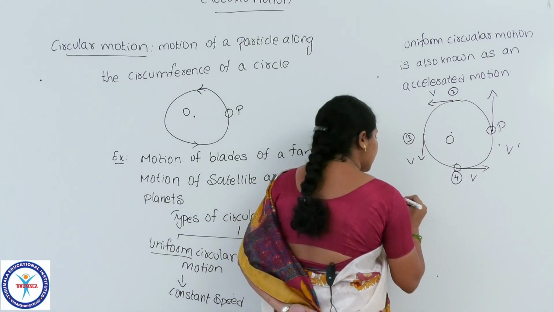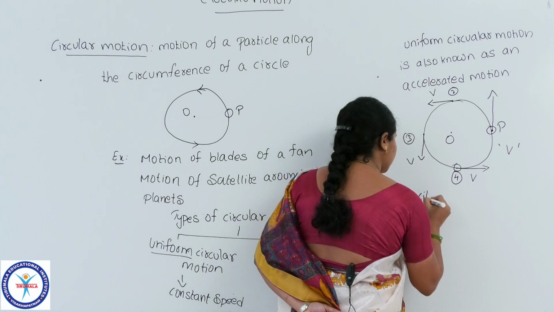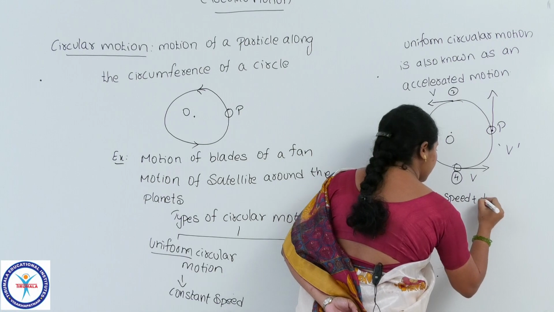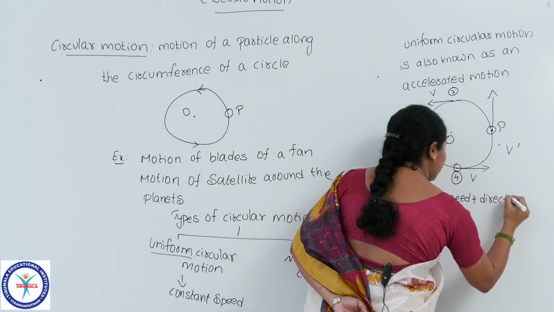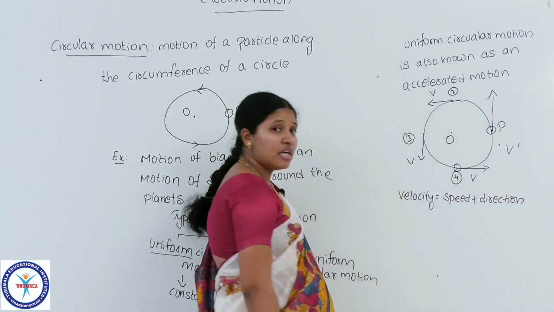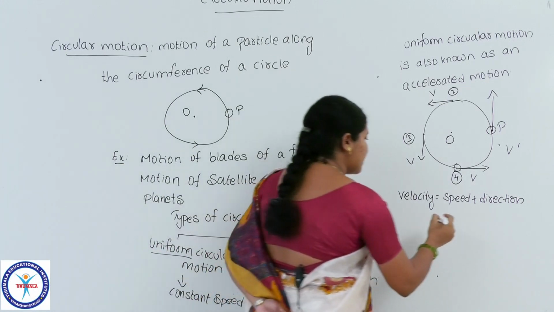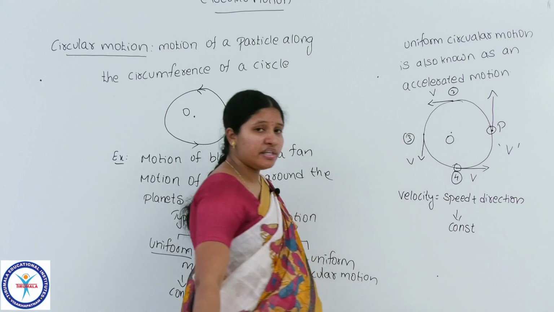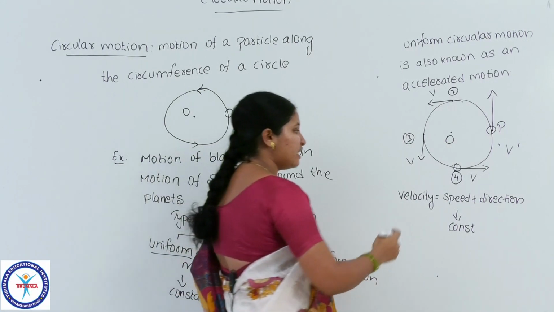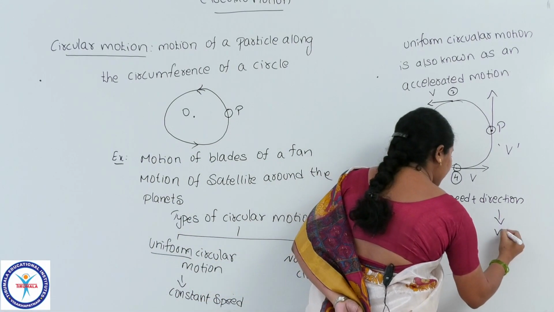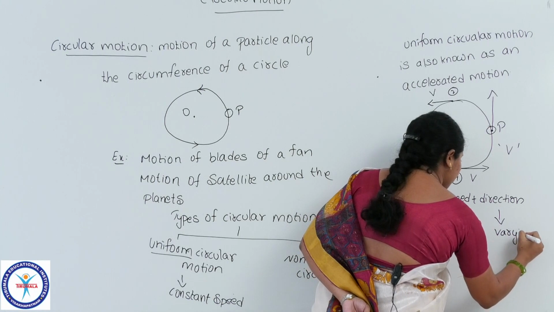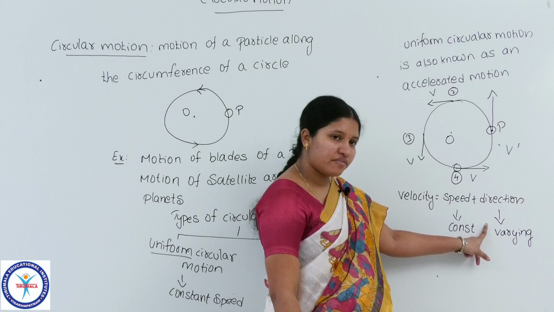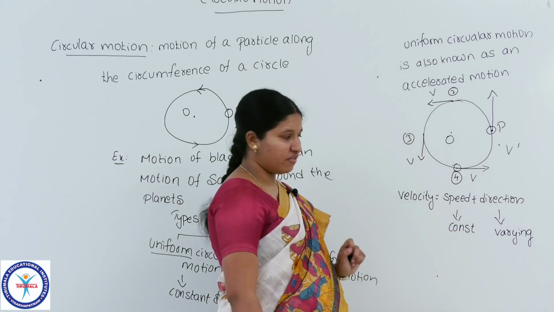Velocity means speed plus direction. From the figure we have observed that speed is constant, which is nothing but v. But is the direction constant here? No, the direction keeps on varying continuously. When direction is varying, we get a change in velocity.